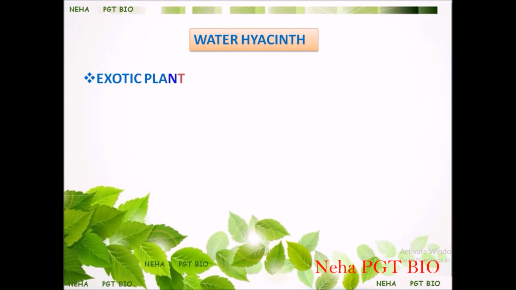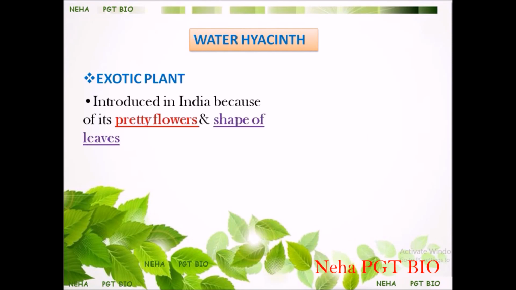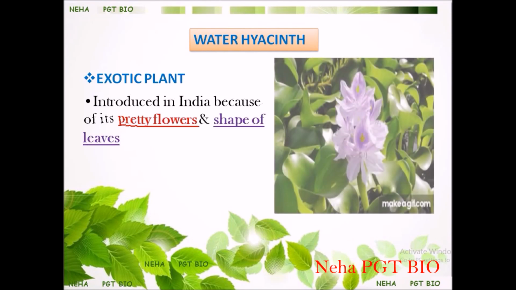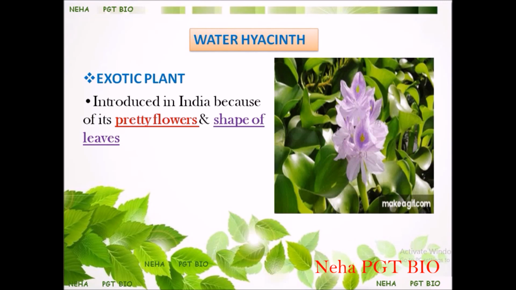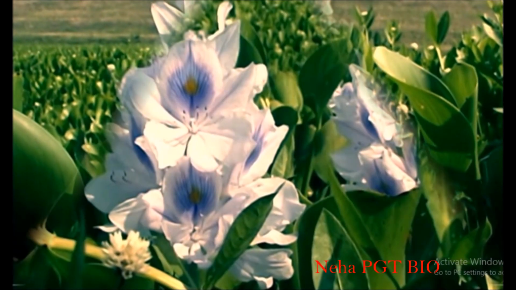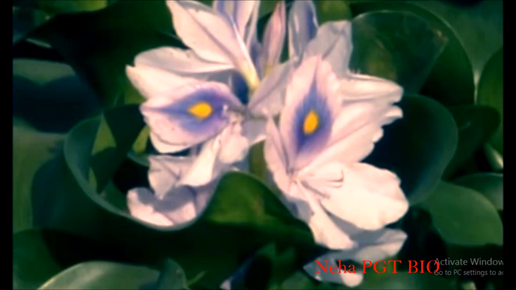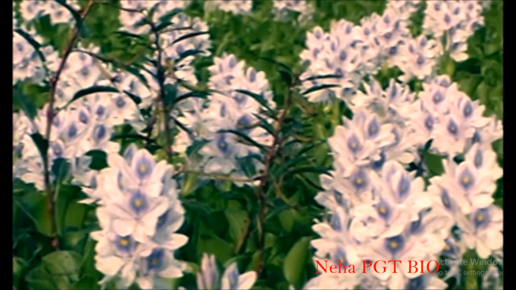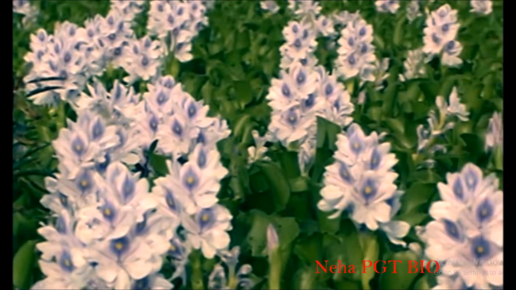Water hyacinth is also known as terror of Bengal. Water hyacinth is an exotic plant, meaning it has been brought from some other countries because of its beautiful flowers and shape of the leaves.